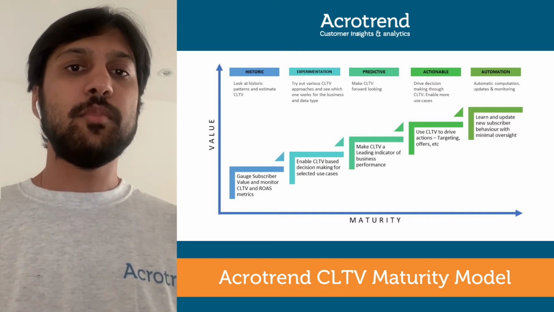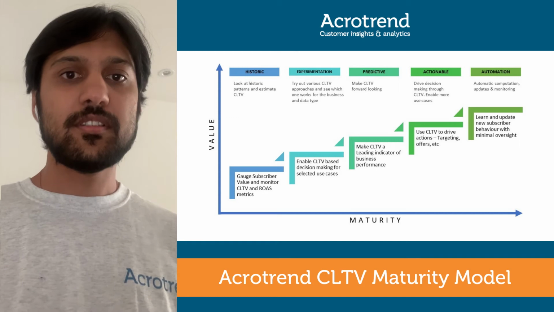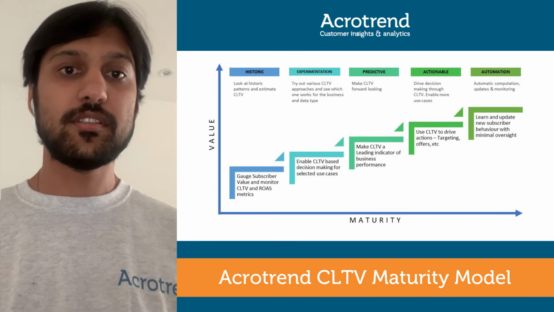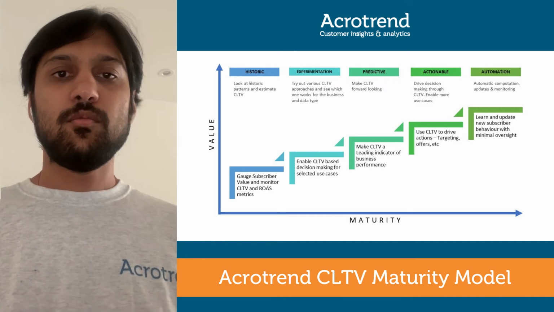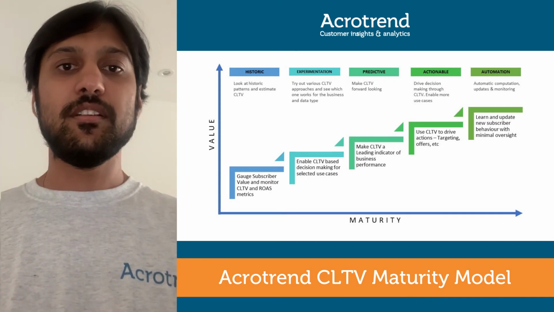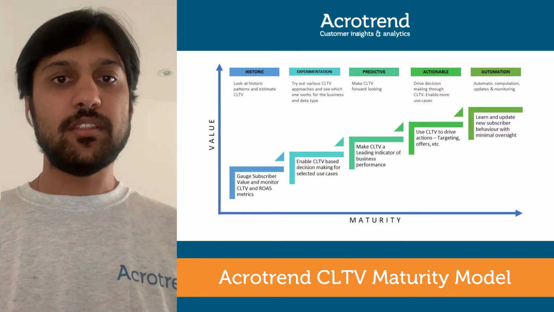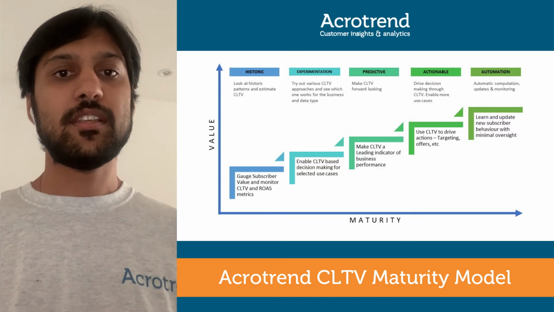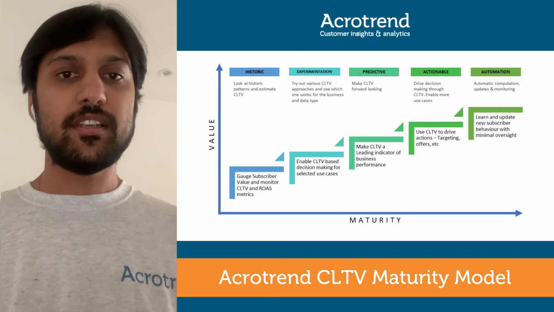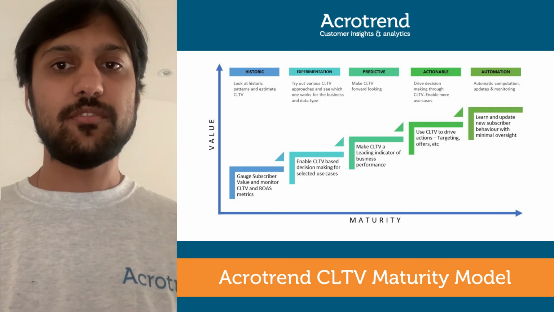At this stage, you will be able to drive more decisions, do customer campaigns, target customers based on CLTV. Once actionable CLTV is done, the last and final stage is to automate all of this together so that all of these things are working cohesively together and making sure that CLTV becomes the number one KPI for you.